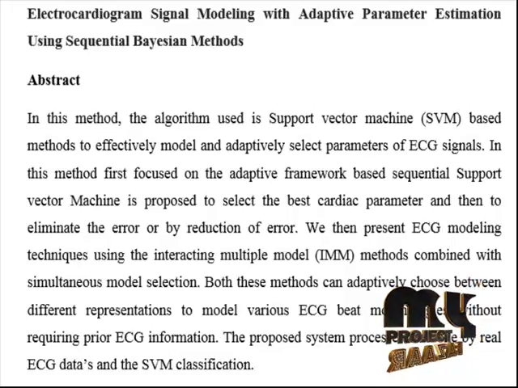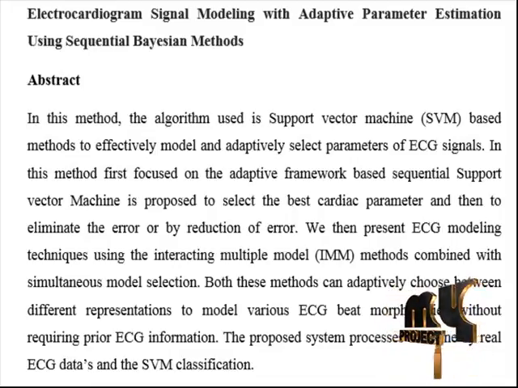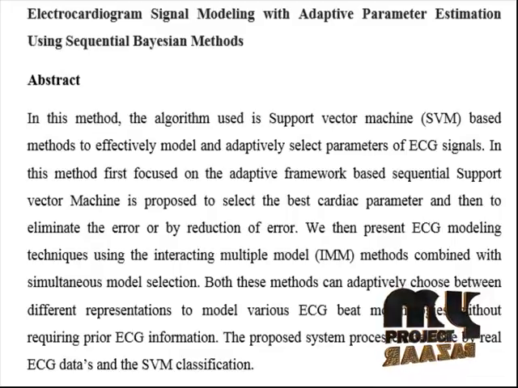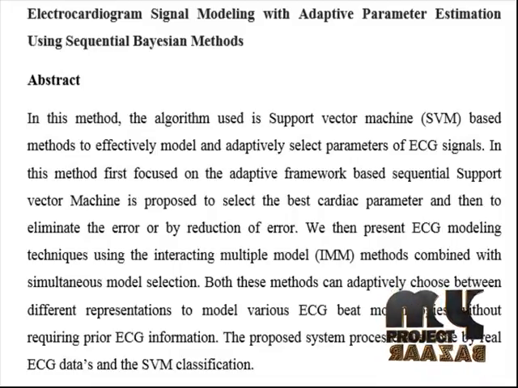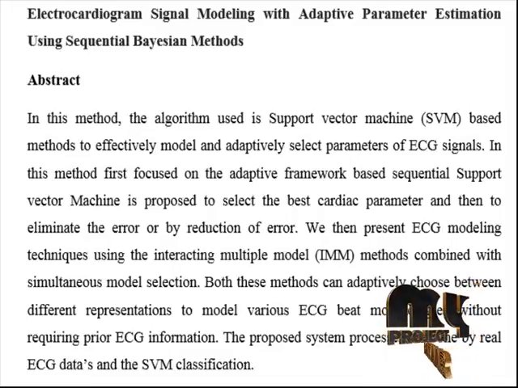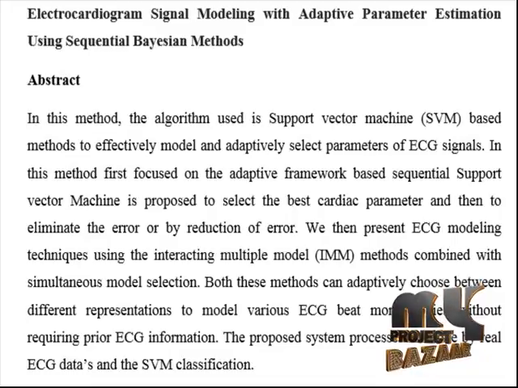The two methods can adaptively select between different representations to model various ECG beat morphologies without requiring prior ECG information. The processes are done by real ECG data under the support vector machine classification.